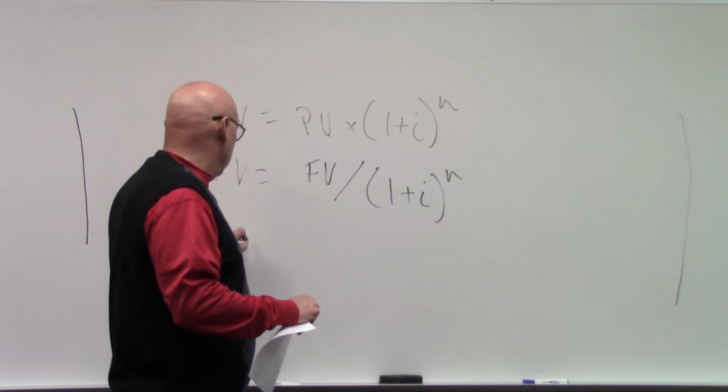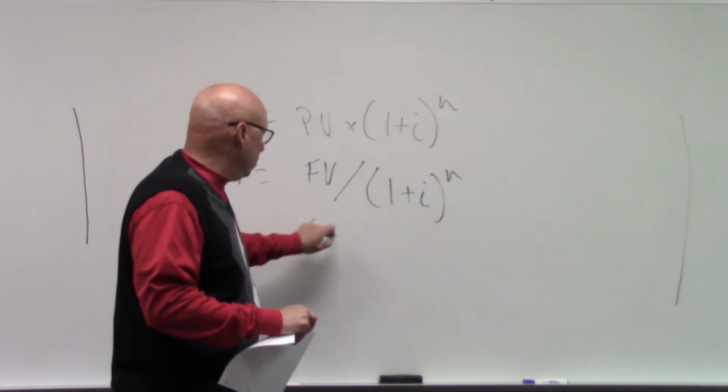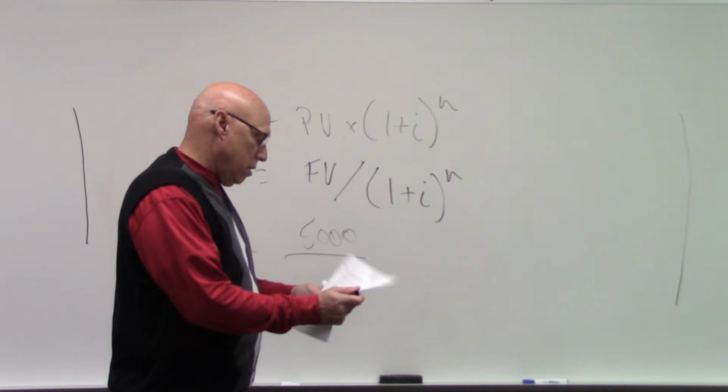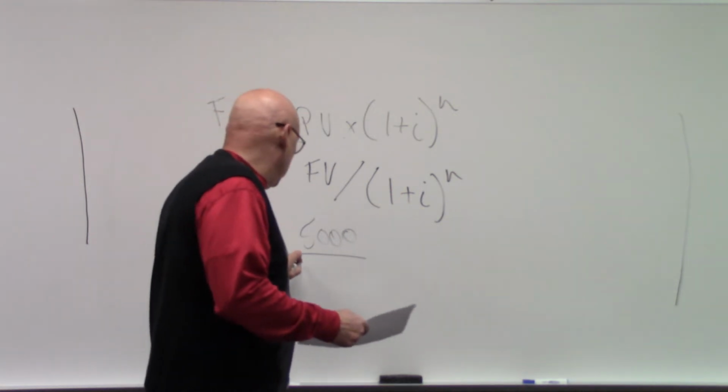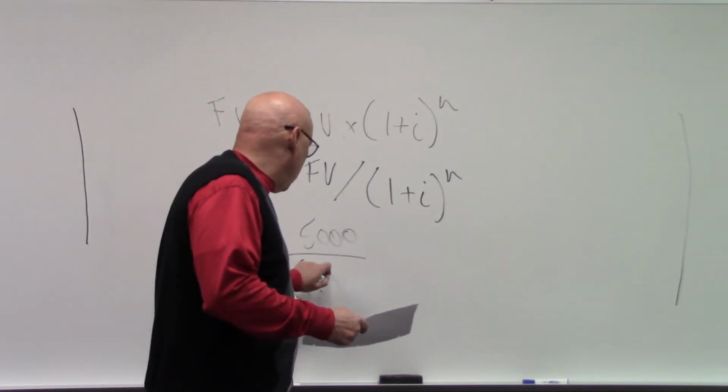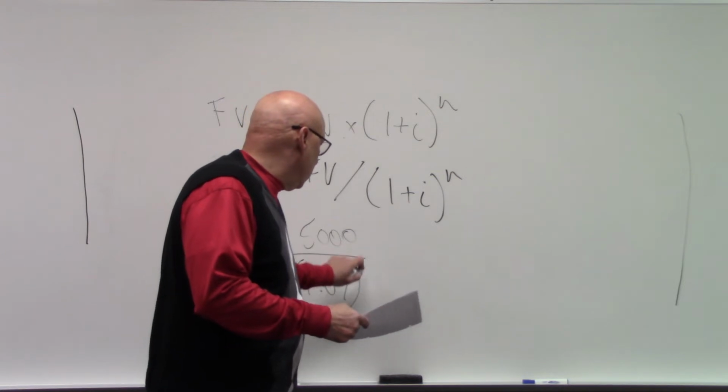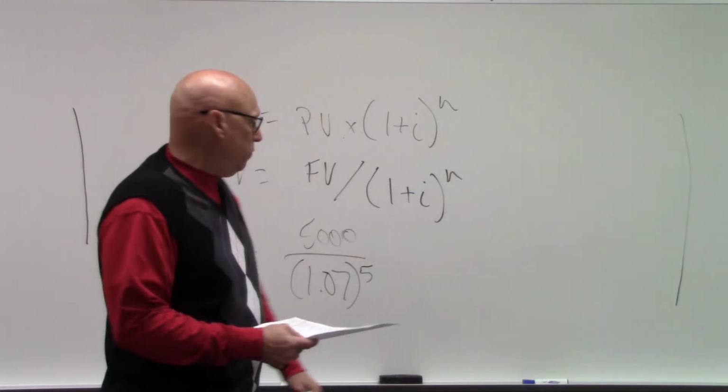So, present value is equal to future value, which is $5,000, divided by 1.07 raised to the 5th, 5 years.